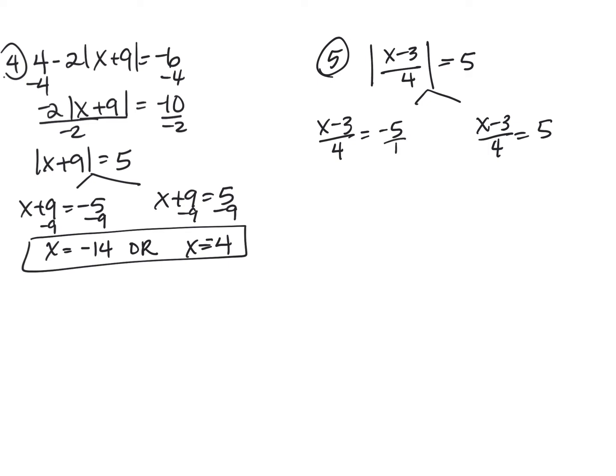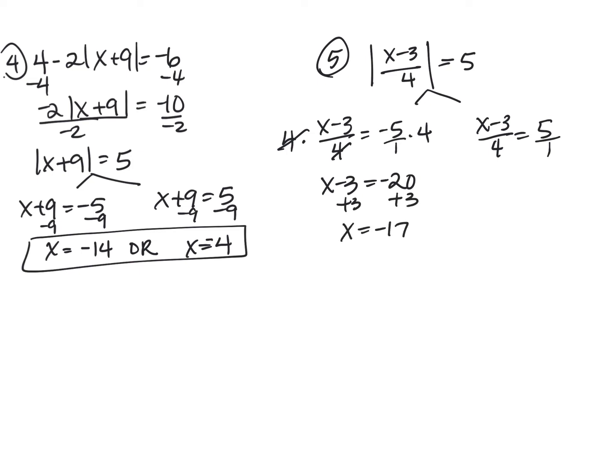Well, I need to get rid of that fraction. So I can do it multiple ways. I'm going to multiply both sides by 4. And that gives me x minus 3 equals negative 20. Add 3, x equals negative 17.